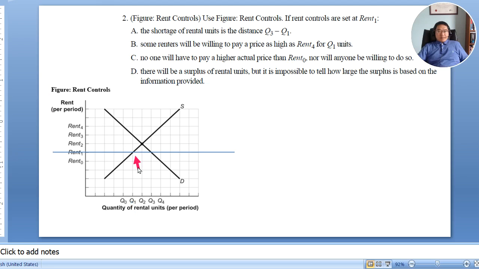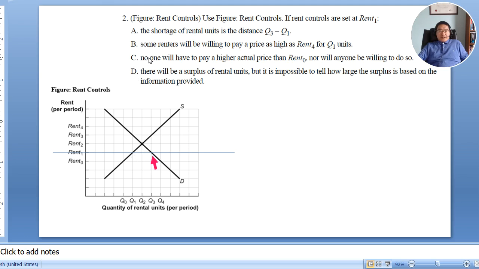So now I have a better arrow here, and the quantity supplied is Q1. The quantity demanded on the demand curve is Q3. So the quantity demanded is higher than the quantity supplied. We have a shortage. People want more than what is supplied.